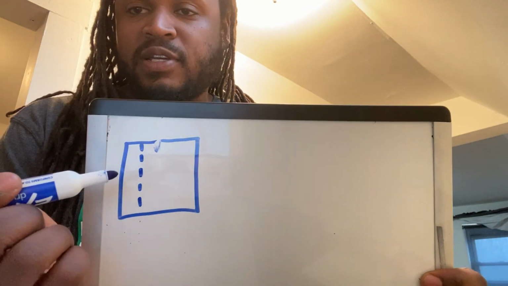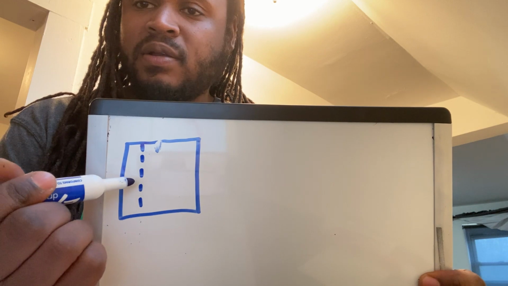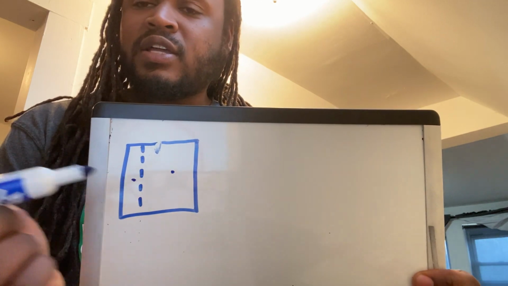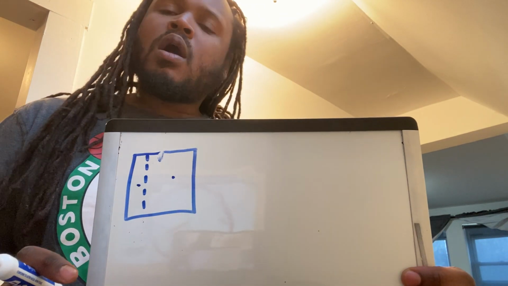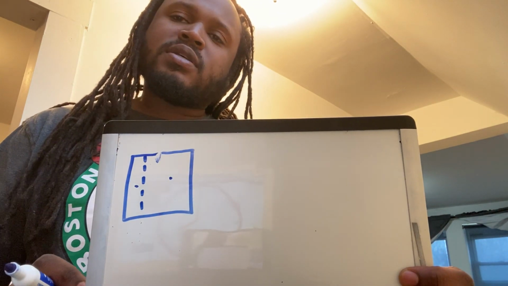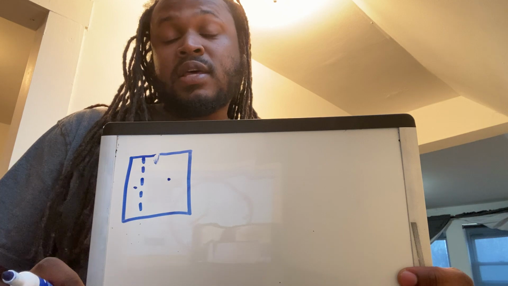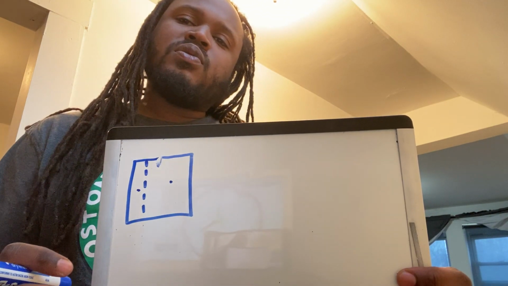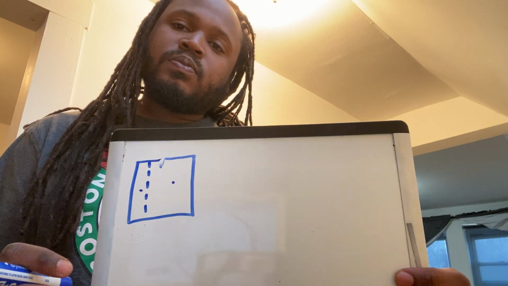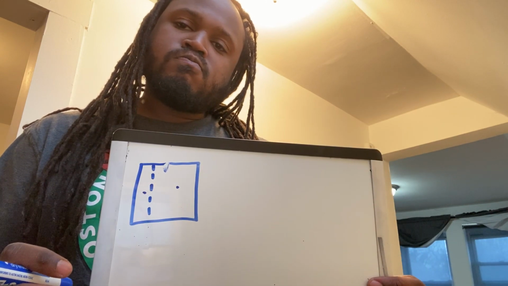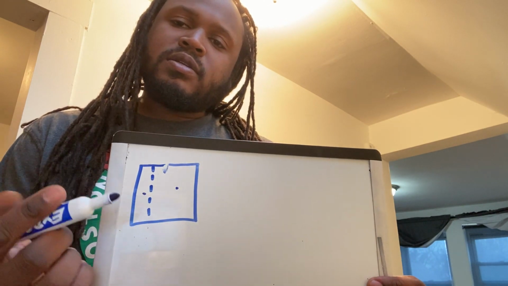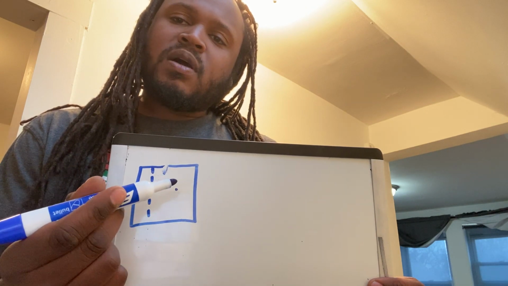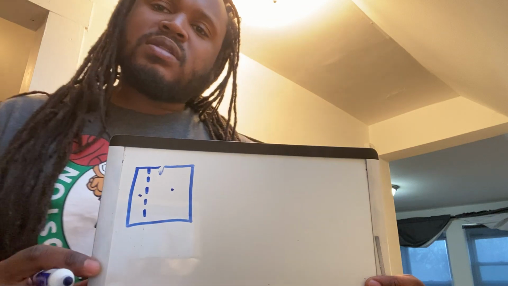So in my square, I have this part, I just put a dot, and then I have this part, I just put a dot. Are these two parts equal? Are these two parts the same? Is this square cut into equal parts? Is this part with this dot the same as this part with this dot?